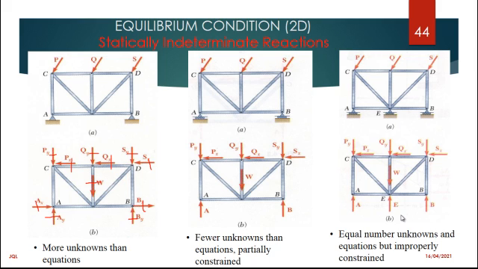When we get to the second one, it still has forces, that is P, Q, and S. But the reaction here is a roller. Yes, here I've got fewer unknowns than equations. This is partially constrained.